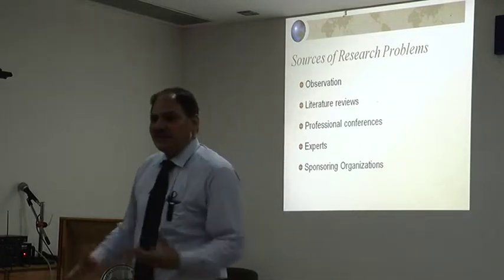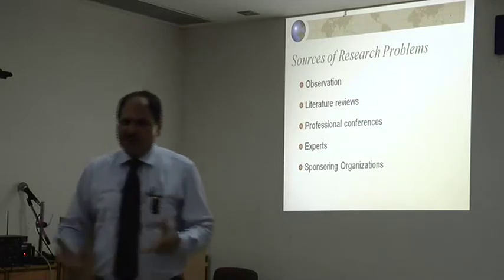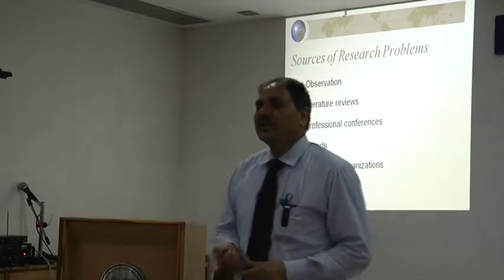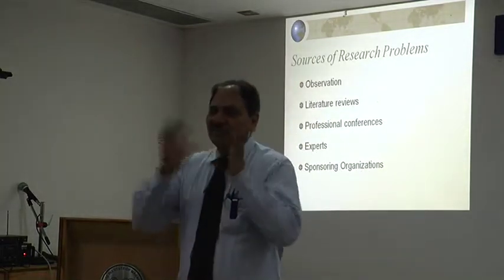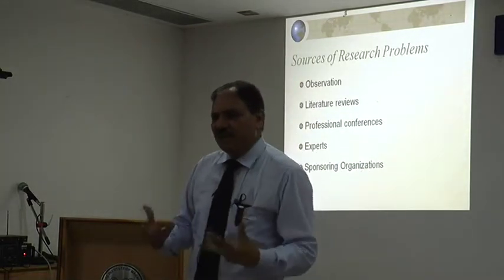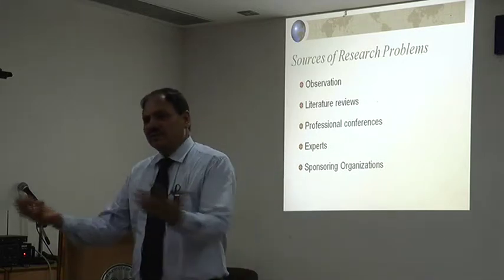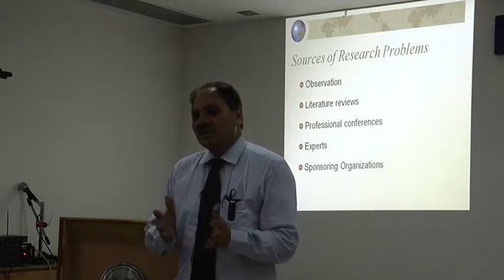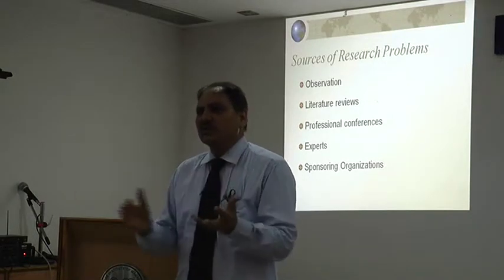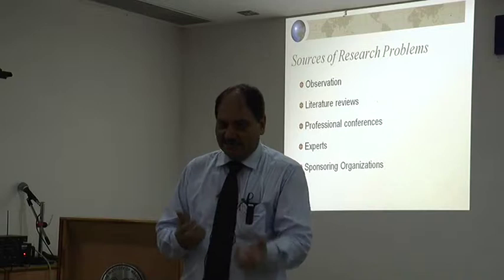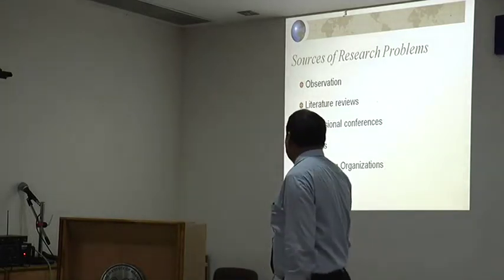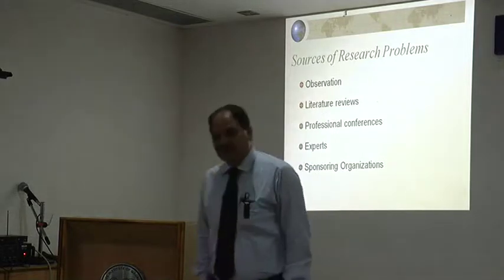One, observation: you observe your surroundings, you observe the work that is being carried out by others, you observe products, you observe advertisements. There are lots of things that you observe, and that may give you an idea that this is the area I should be researching. So one way of identifying a problem is through observation. Second is literature review.